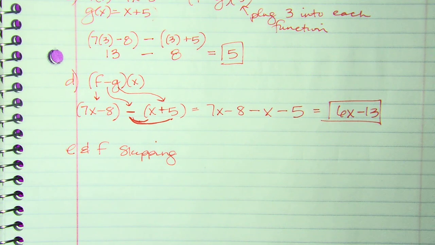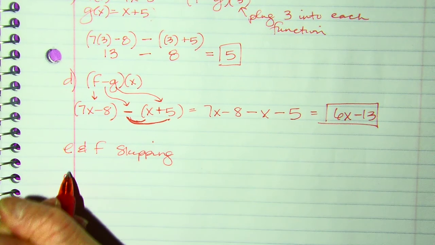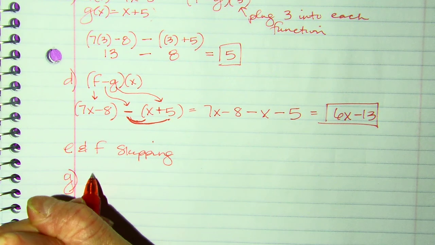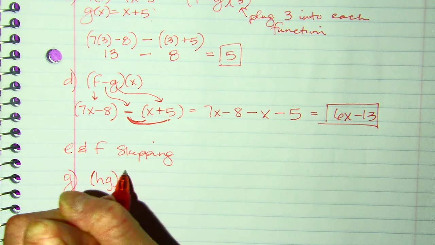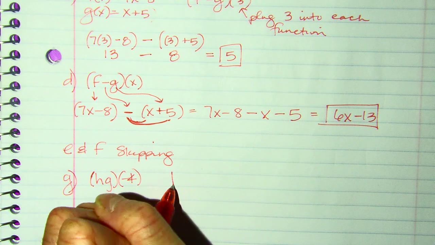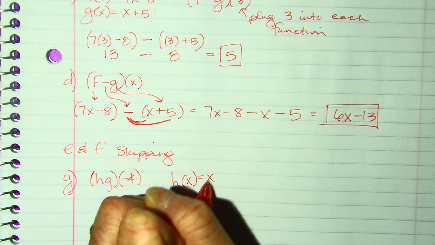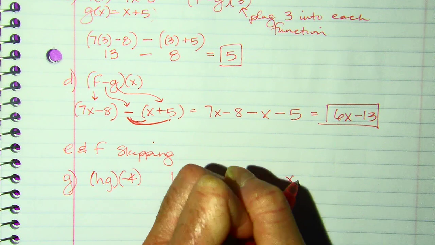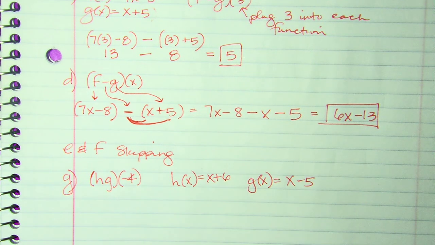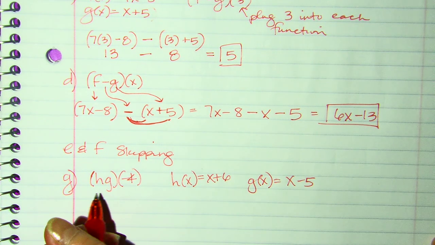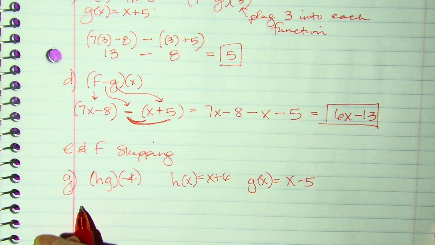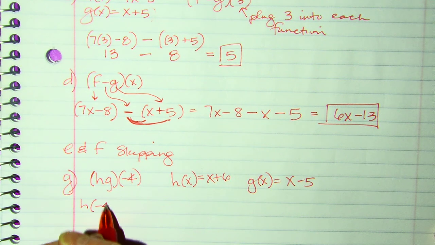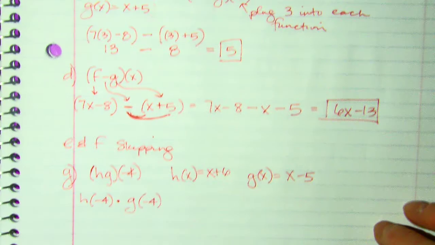Now in G, they want us to do h times g at negative 4. They told me that h of x equals x plus 6, and g of x equals x minus 5. Okay. So I'm going to first find h at negative 4, and I'm going to multiply that by g at negative 4.